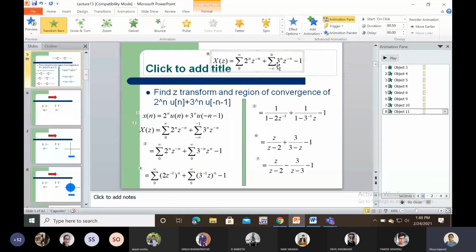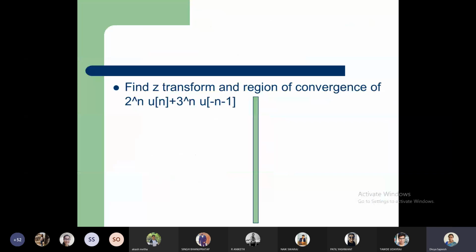So from minus infinity to minus 1, I will subtract a 1 from the term, so that I can change the limits from minus infinity to 0.